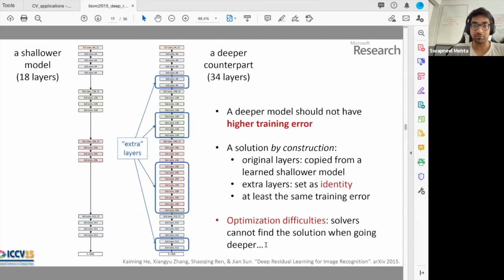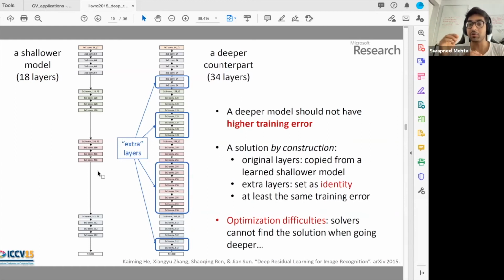Which is very weird, right? Because if you compare the two networks on the left and the right, the one on the right has the same layers as the left, and then some additional components. If you create an identity transformation with these additional layers, which is possible, right, it is doing exactly the same thing as the shallow model. It is technically a superset of models.